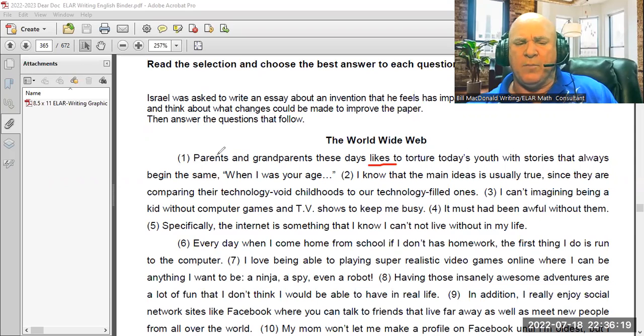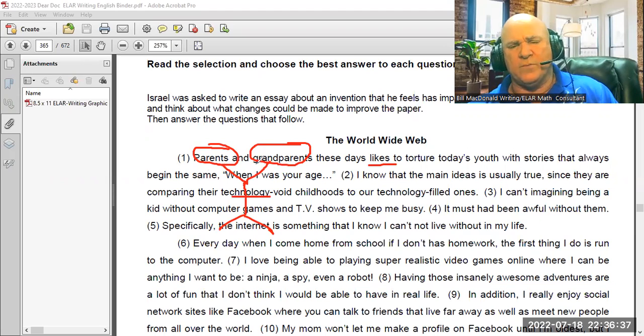Since we're talking about parents and grandparents, whenever you have a compound subject, what I would recommend you do is draw 2 heads and say, oh, it's the parents and the grandparents liking to torture the youth. So they likes to torture? No, they like to torture.